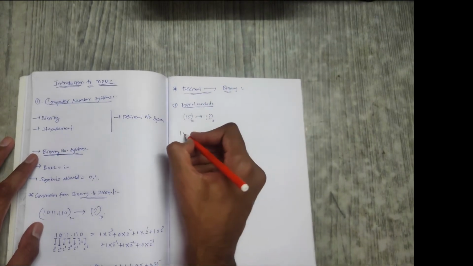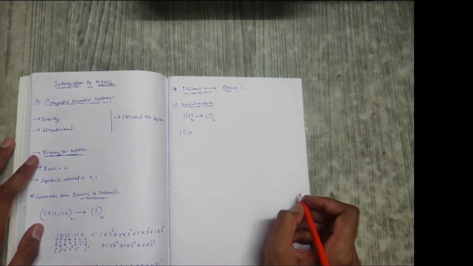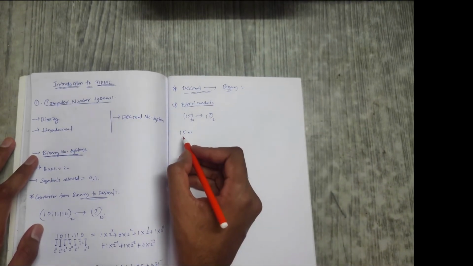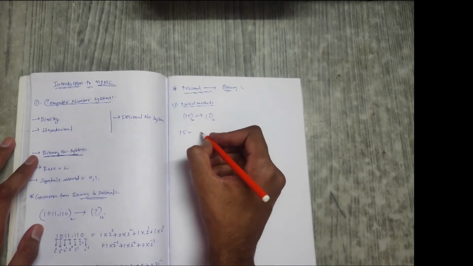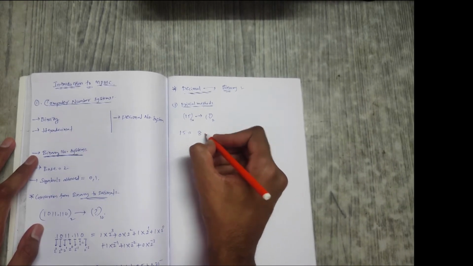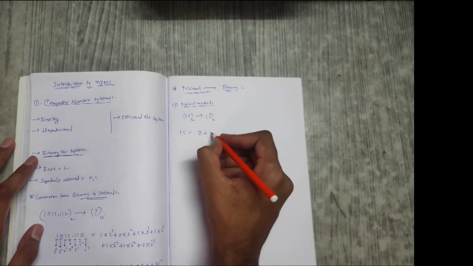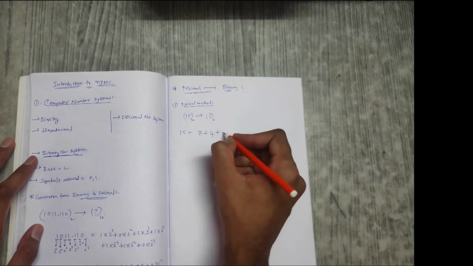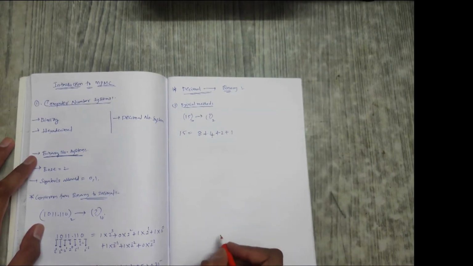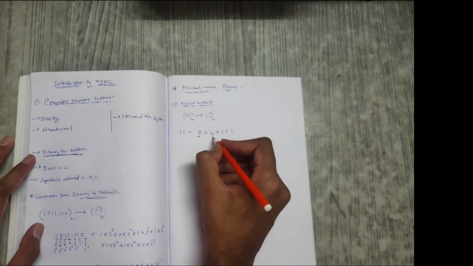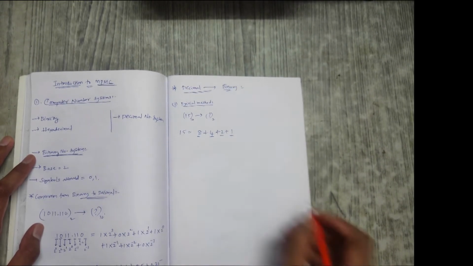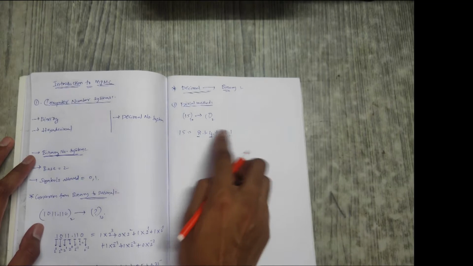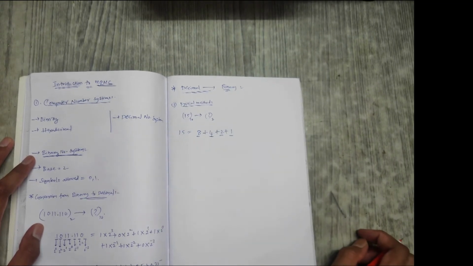How? Express this 15 as a sum of powers of 2. Like 15 means 8 plus 4 plus 2 plus 1, 2 power 3, 2 power 2, 2 power 1, 2 power 0. The sum gives you 15.